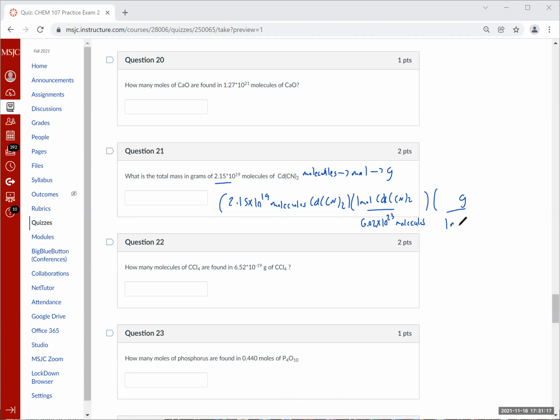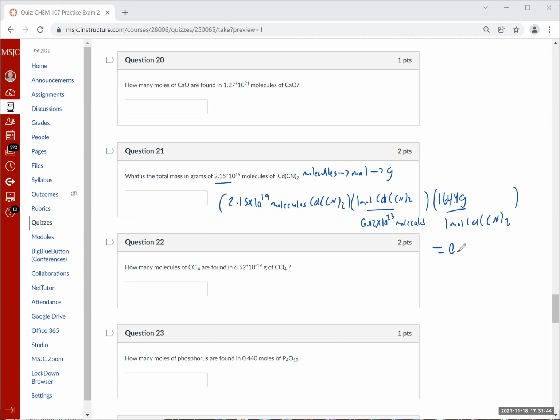How many grams do we have in 1 mole of cadmium cyanide? 164.44. Okay, perfect. So then punching this into our calculator, we have 2.15 times 10 to the 19th over 6.02 times 10 to the 23rd times 164.4.